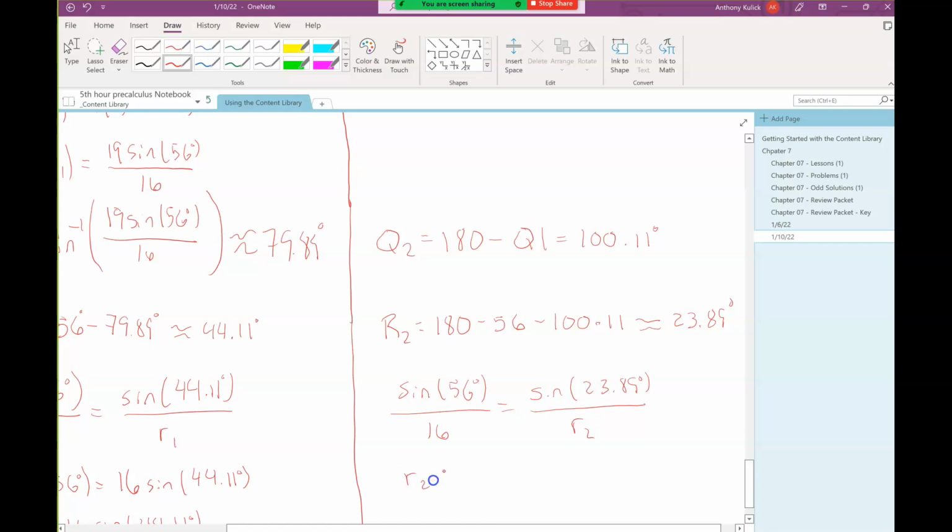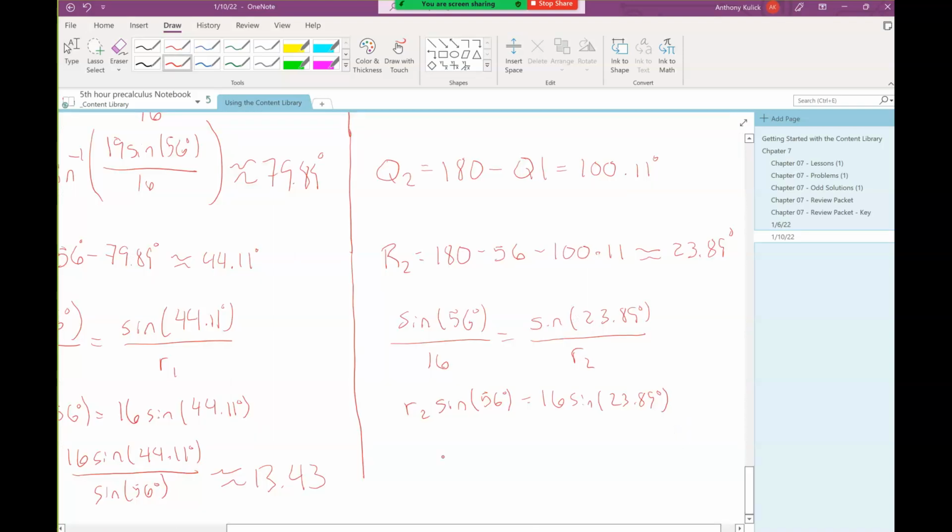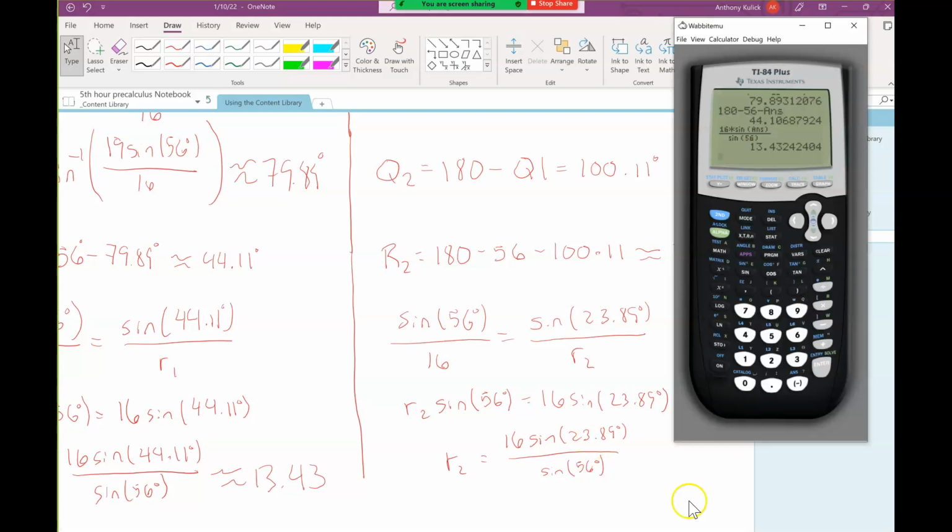So we'll cross multiply. Oh boy. And then we'll divide by sine 56. And it's calculator time.